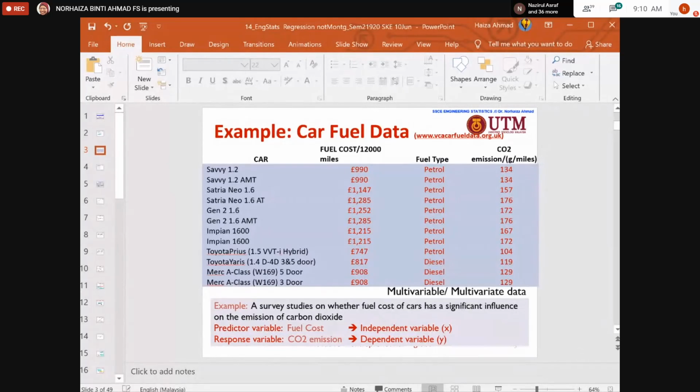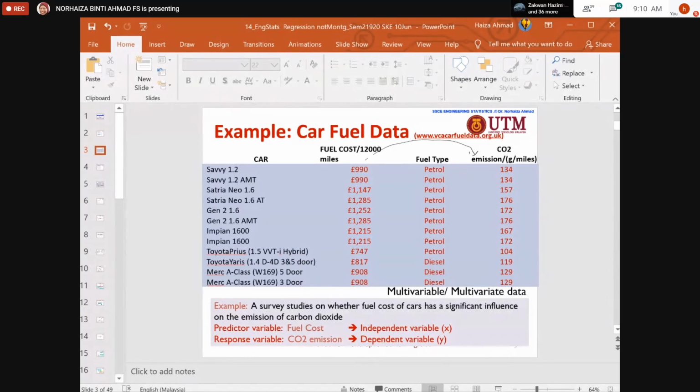Now, let's say we want to investigate whether fuel cost of the cars has any influence on the CO2 emission. So in this case, we can name these variables using a specific term. Let's say I'm just going to look at fuel cost and CO2. The objective of the investigation is you want to know whether fuel cost has any influence on CO2.